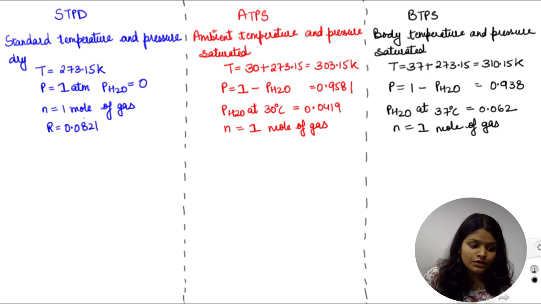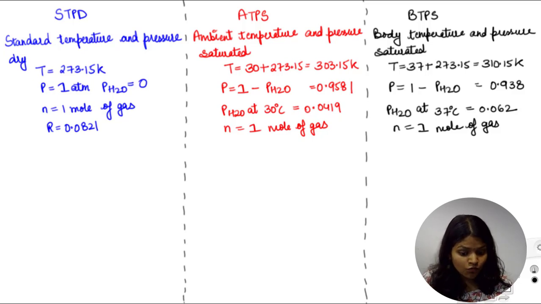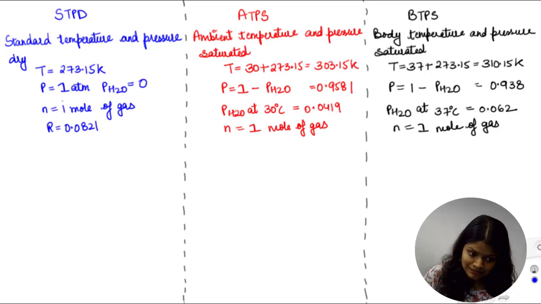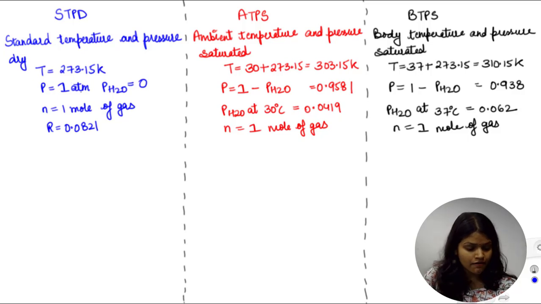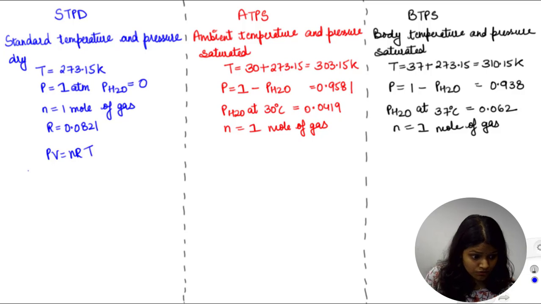So first of all, we are going to calculate if we are taking 1 mole of gas at STPD, that is the temperature is 273.15 Kelvin and pressure is 1 atmosphere. At this particular condition, what is the volume of 1 mole of gas? PV equals nRT is the formula we are going to use.